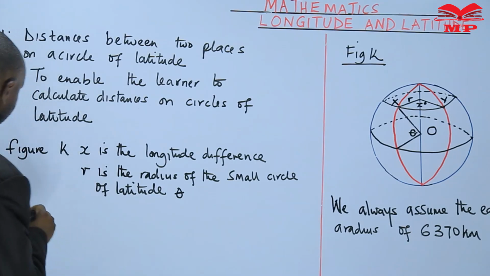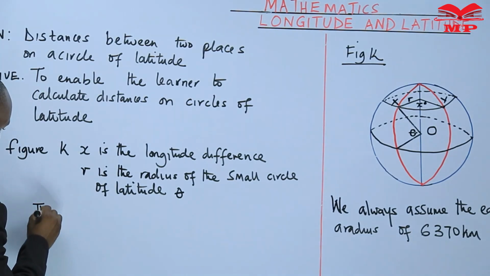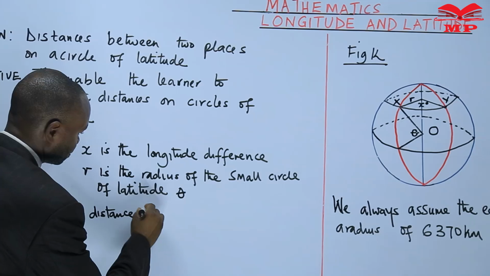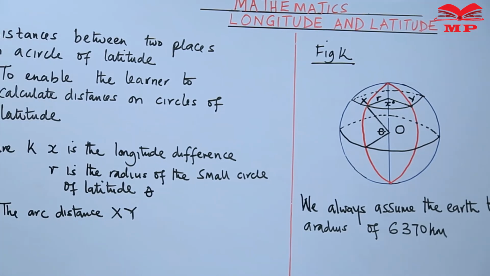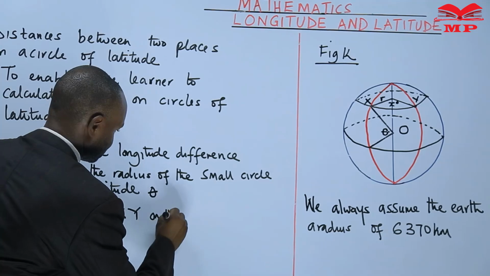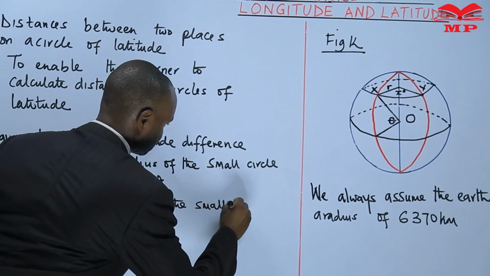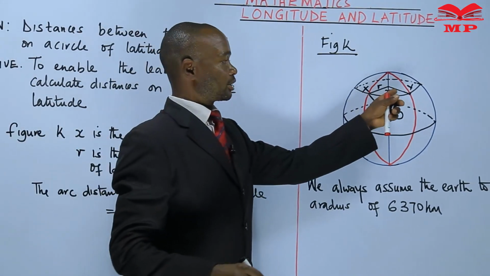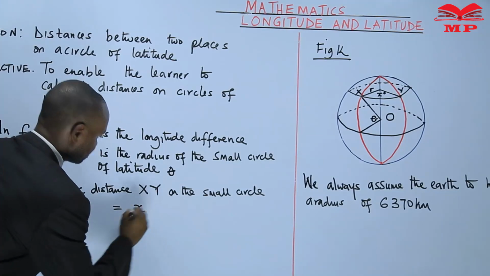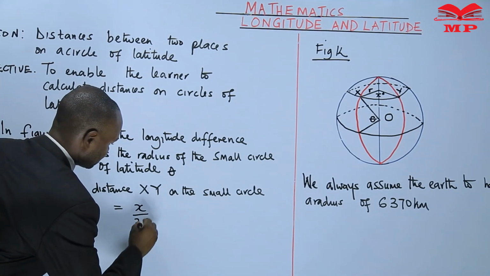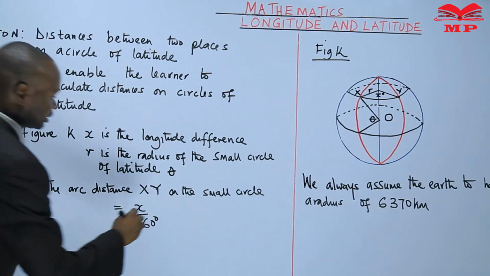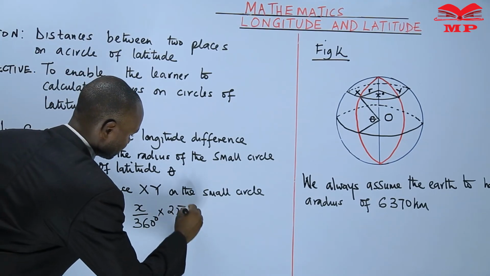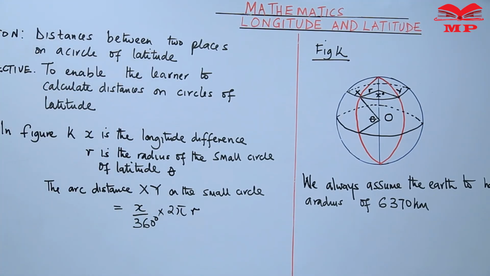So the arc distance XY on the small circle will be given by the longitude difference X divided by 360 degrees, times 2 pi, times the radius of that small circle.